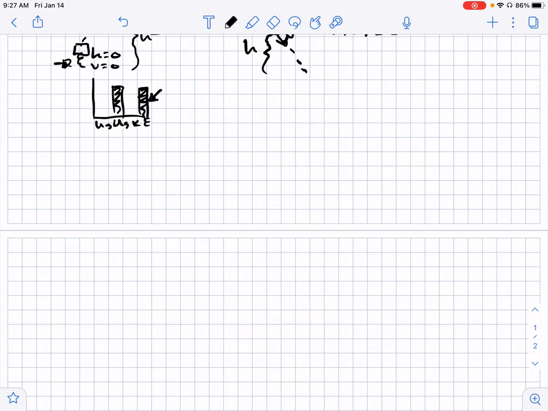Let's say we have an inclined ramp. And let's say at the bottom of the ramp, we have a wall, and on the wall, we have the spring.